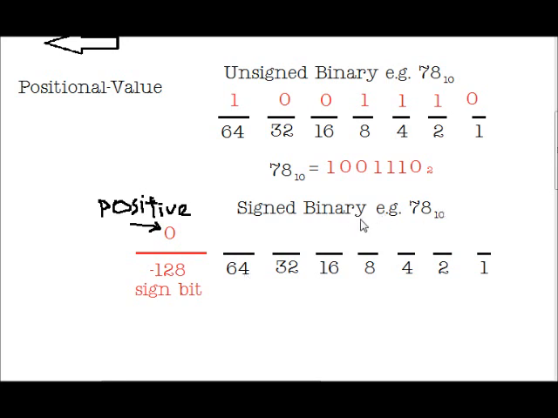64 can go into 78. So we'll put a 1. And then we subtract 64 from 78, which will give us 14. 32 cannot go into 14, so we'll have a 0. Again, 16 cannot go into 14, so we put a 0. 8 can go into 14, so we have a 1.